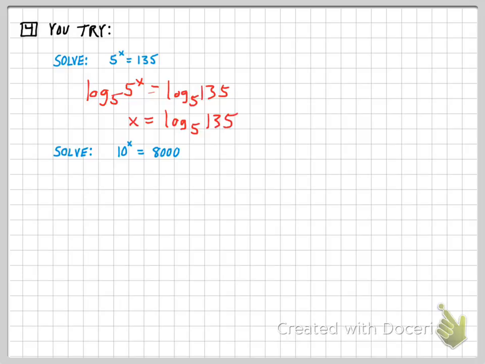Okay, that's your answer. All of the options you had were decimals, and so I need to remember that I can evaluate that. You could use your change of base formula here if you wanted to. We also talked about how to evaluate logarithms on your calculator. This is approximately 3.05. Try the second one.